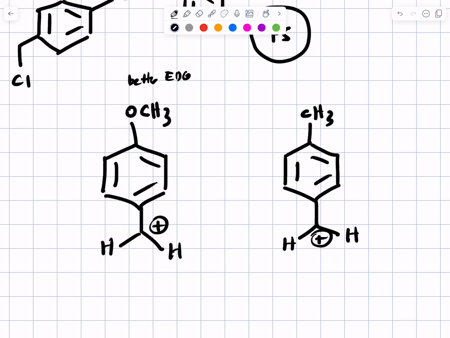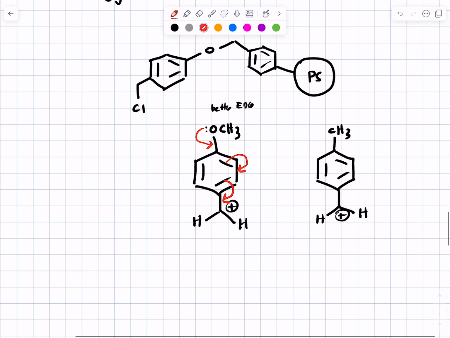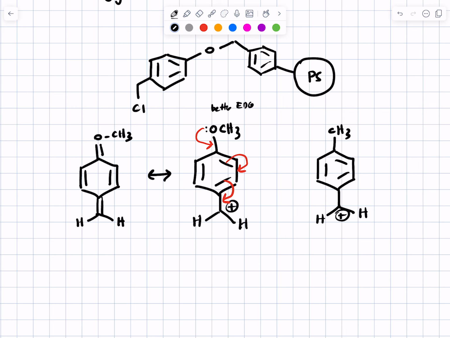And actually, you should be able to see how by resonance, I can stabilize the positive charge on the benzylic carbon using lone pair electrons from the oxygen. And it just so happens that even though on the right a methyl group is also electron donating, it can't donate electron density via resonance. Okay? So, having a methoxy group para to a benzylic carbocation stabilizes the carbocation.